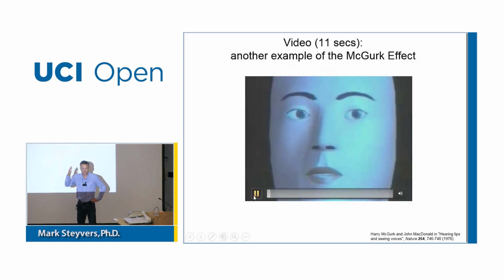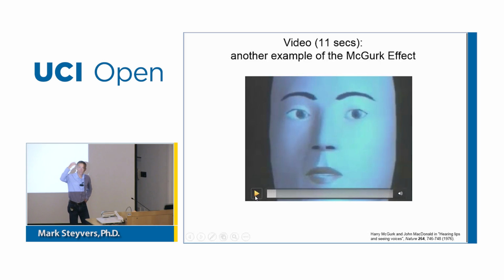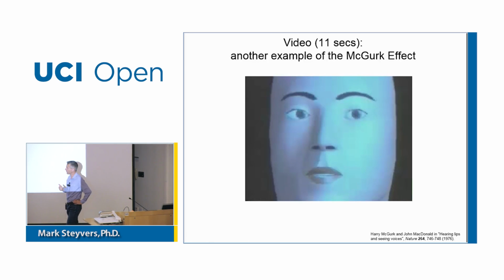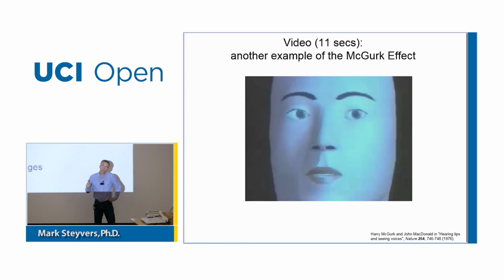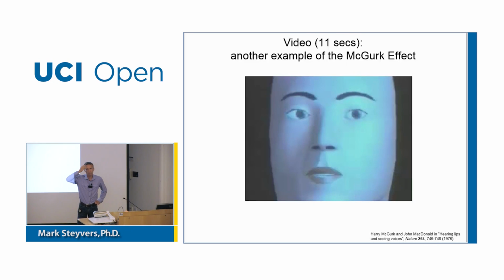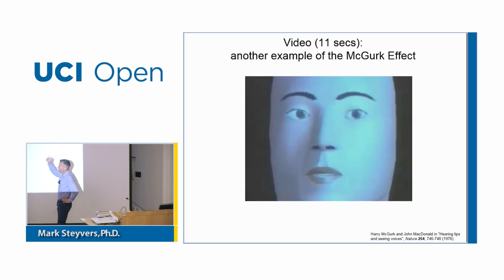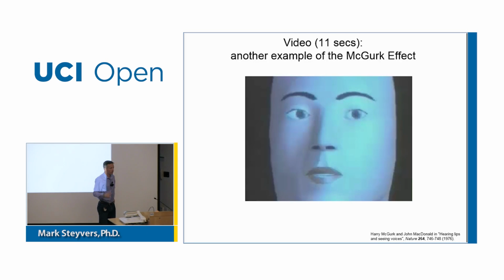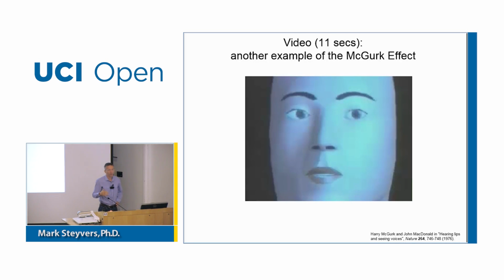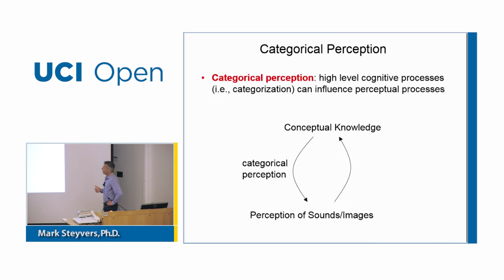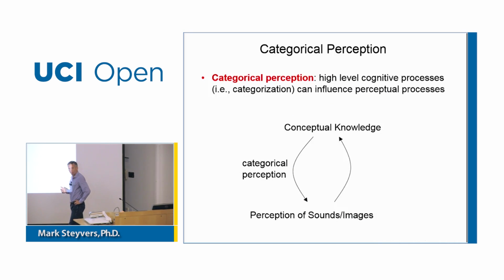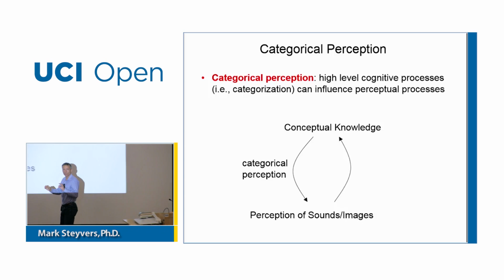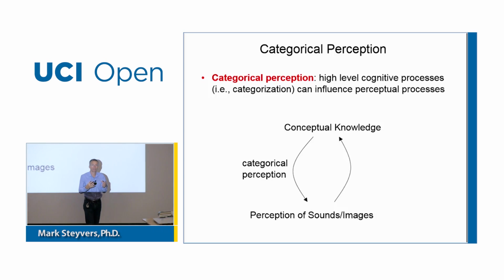So speech perception is highly interactive. One level can influence another level of processing. And whenever your conceptual knowledge, your very high level knowledge of the world, influences your perception of sounds or images, you can have a phenomenon called categorical perception, where your perception of physical differences in the world gets warped by your knowledge of the physical world.